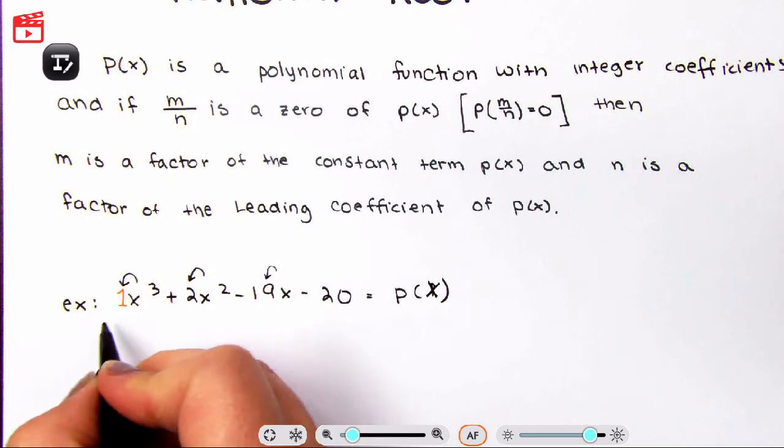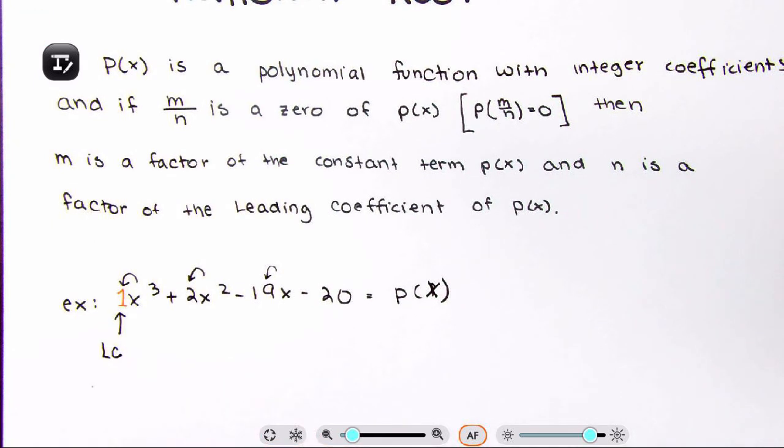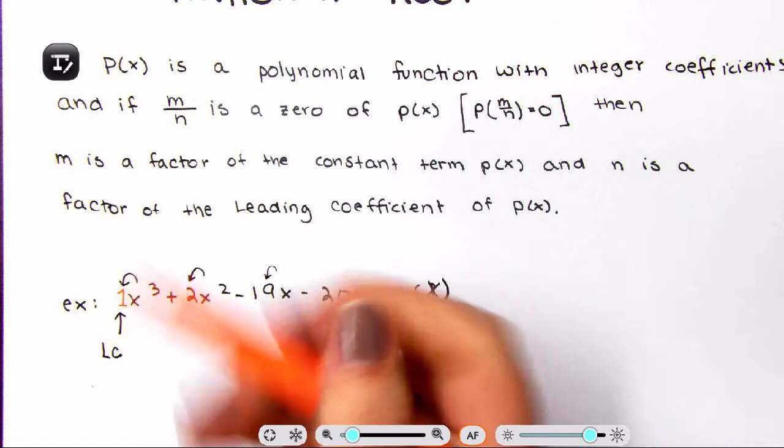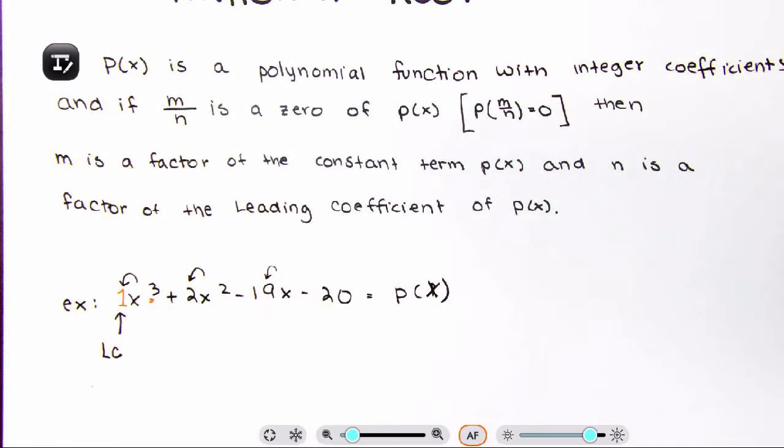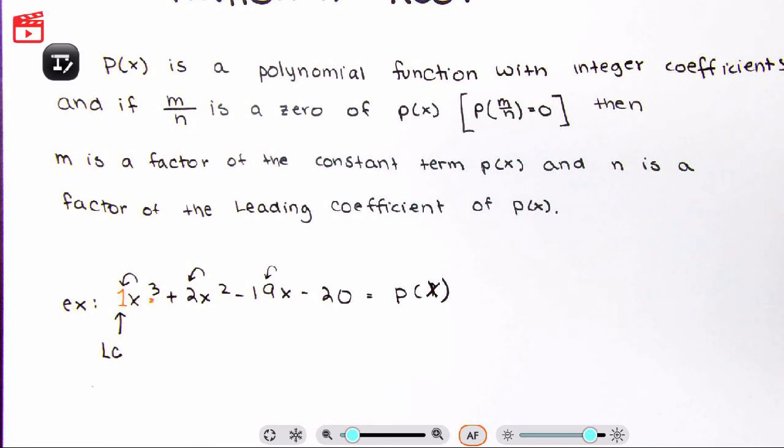So this is the leading coefficient. The leading coefficient is the coefficient of the leading term, the term with the highest exponent. The highest exponent is 3, and the leading coefficient of that term is 1. So this would be your n.